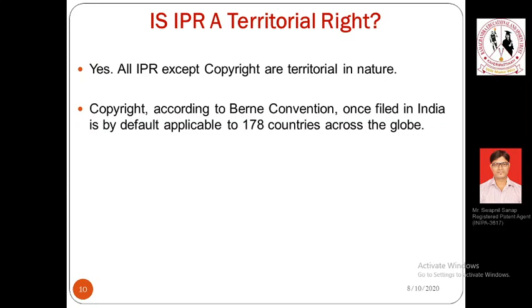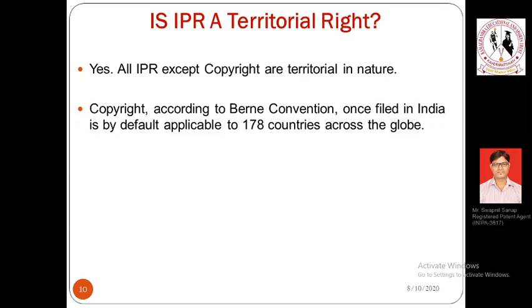Unlike other types of IPRs, that is design, trademark, and patents, which are required to be filed in all the countries of your interest to claim the right because it's territorial in nature. Copyright is not required to be filed in all the jurisdictions. It is by default applicable in all the jurisdictions of the globe, right?